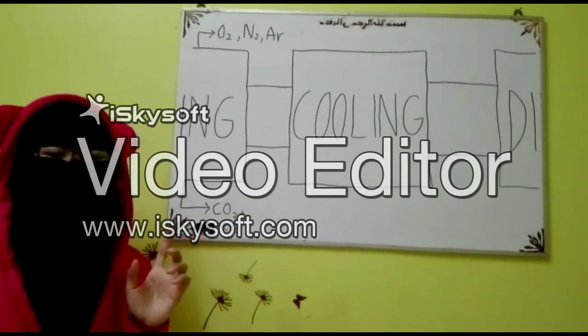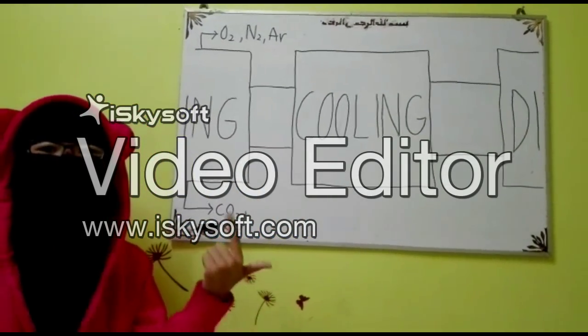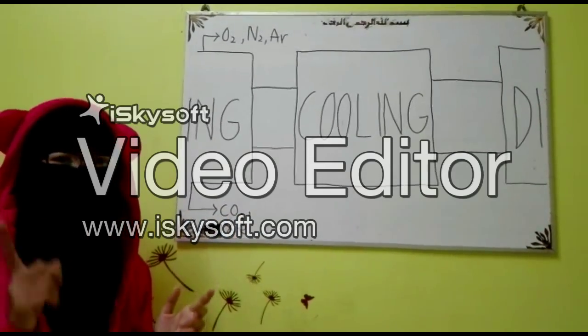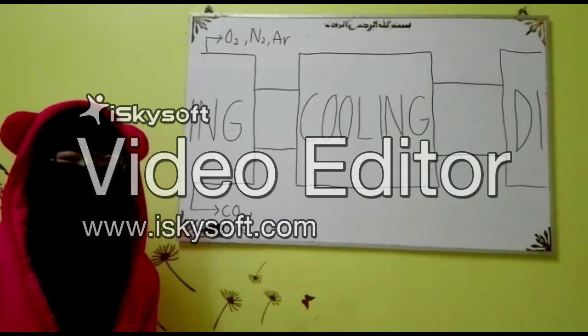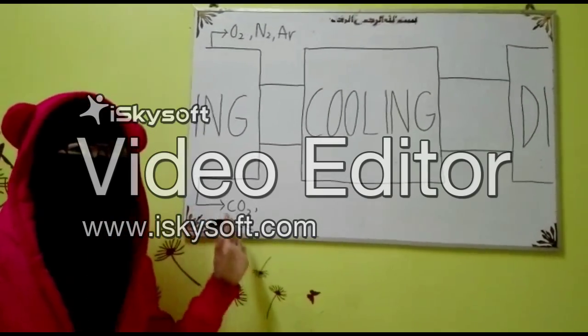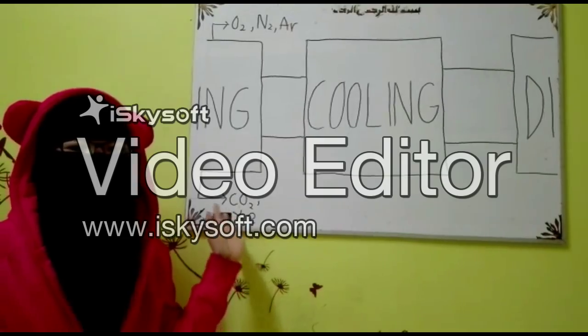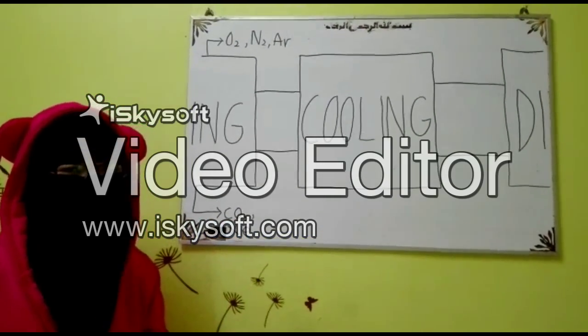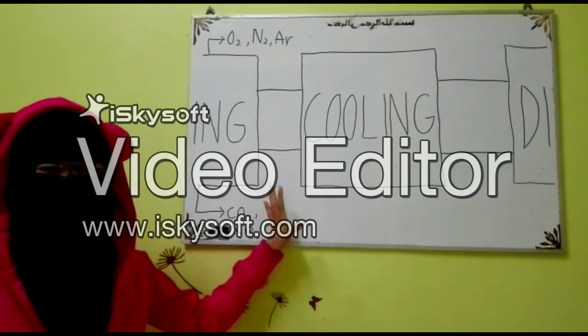Then, the composition of oxygen, nitrogen, and argon remains unchanged since the cooling process just cools each of the components nearest their boiling point. Because of that, separation of the components does not take long in this distillation column.